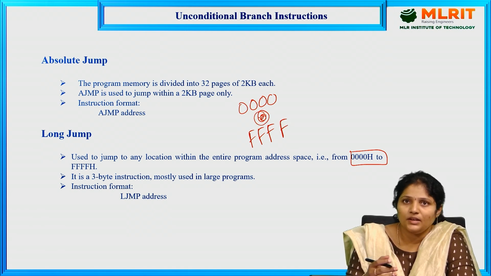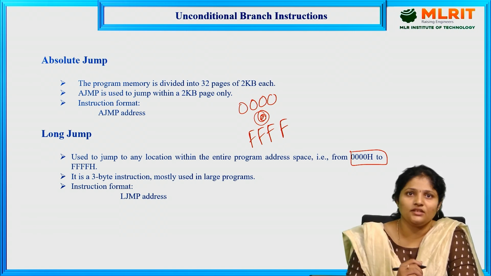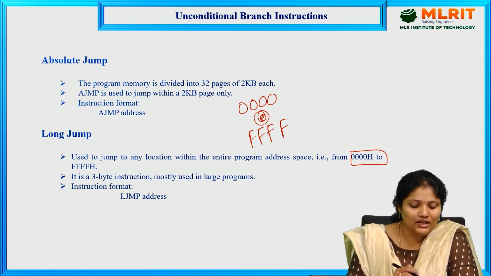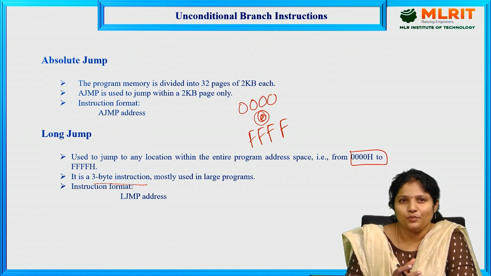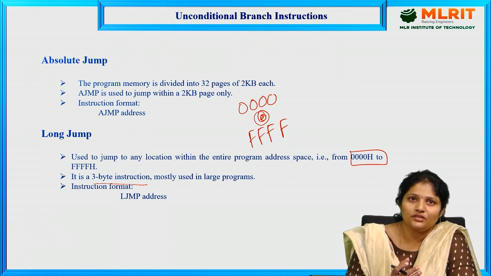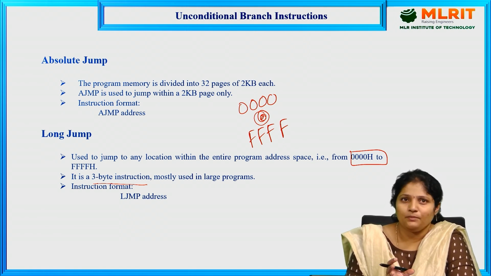If I want to jump within the 16-bit address range, then I can use this long jump. It is usually a 3-byte instruction, mostly used in large programs. Generally we will use absolute jump and short jump for our simple programs.